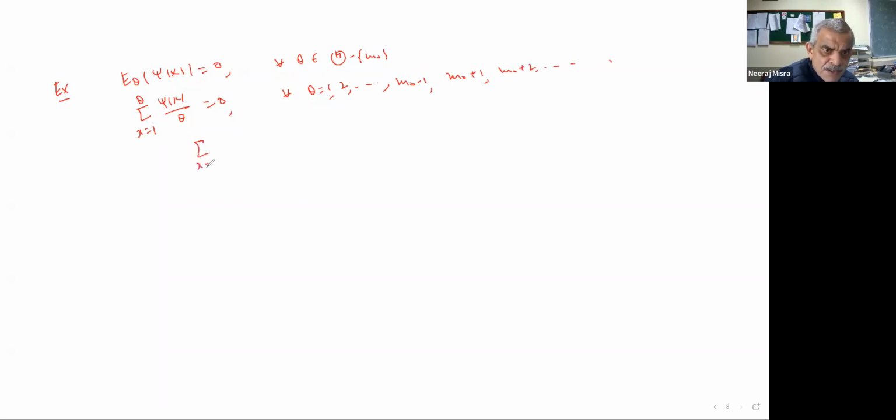That means summation x equal to 1 to theta psi x is 0 for every theta. So theta equal to 1 gives me psi 1 is equal to 0. Theta equal to 2 gives me psi 1 plus psi 2 is 0, so psi 2 is 0.